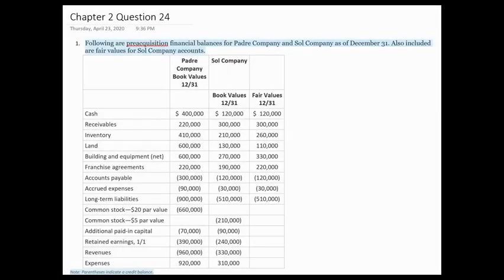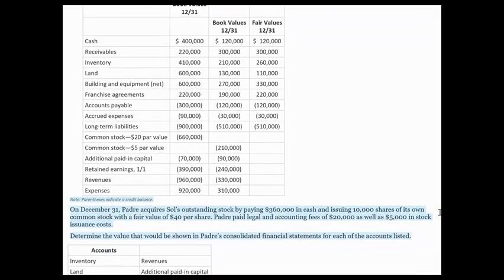Chapter 2, Question 24. Following our pre-acquisition financial balance for Pedro Company and Seoul Company as of December 31st, also include our fair value for Seoul Company's account. On December 31st, Pedro acquired Seoul's outstanding stock by paying $360,000 in cash and issuing 10,000 shares of its own common stock with the fair value of $40 per share.